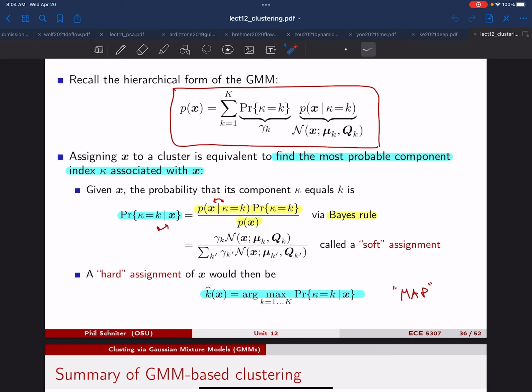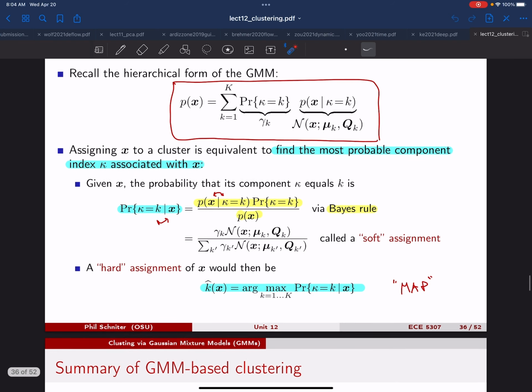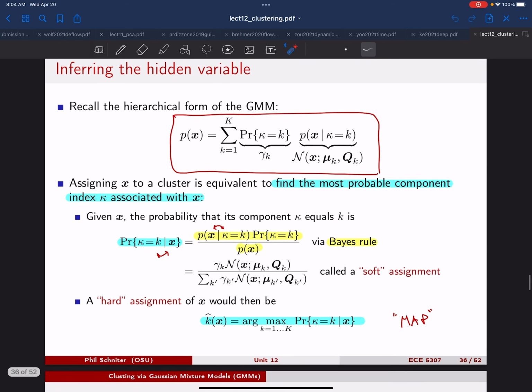So if I can compute these probabilities for all the different values of k from 1 to capital K, then I can just find the most probable of those, and that is going to be my clustering of that point X. So that's the idea behind how we can use this Gaussian mixture model for clustering.